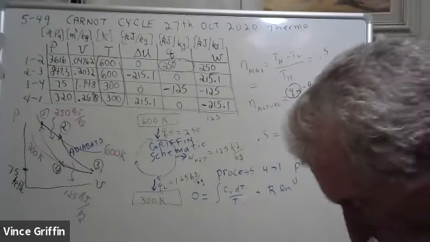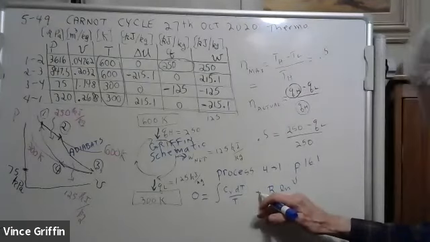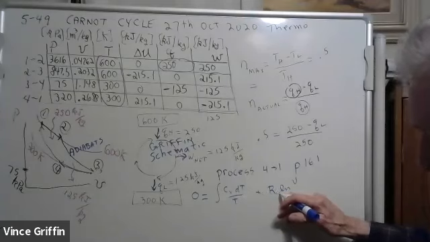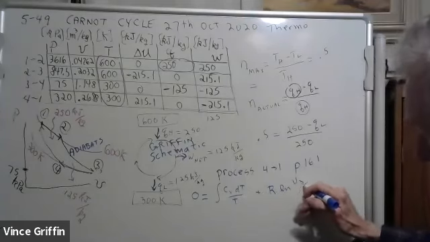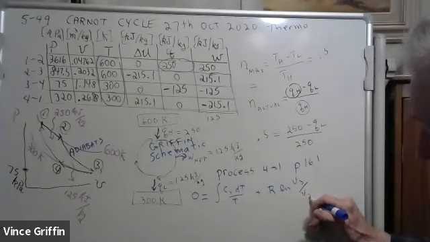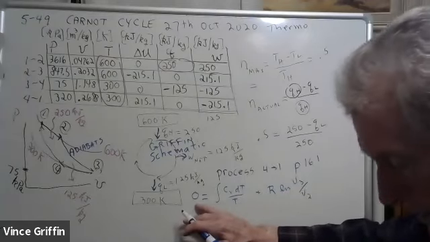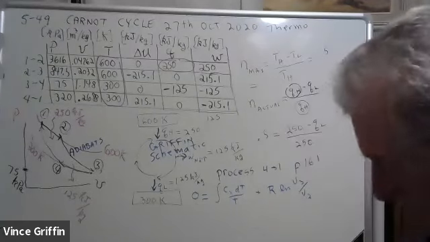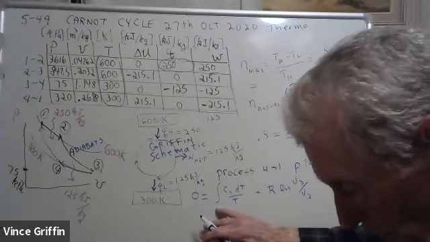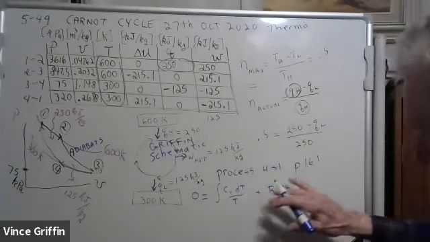They put an equal sign in my book, but it's supposed to be a positive sign. Positive R natural log of V3 over V2. Can you find that? No, there it is. Yeah, there's that equation on page 161.